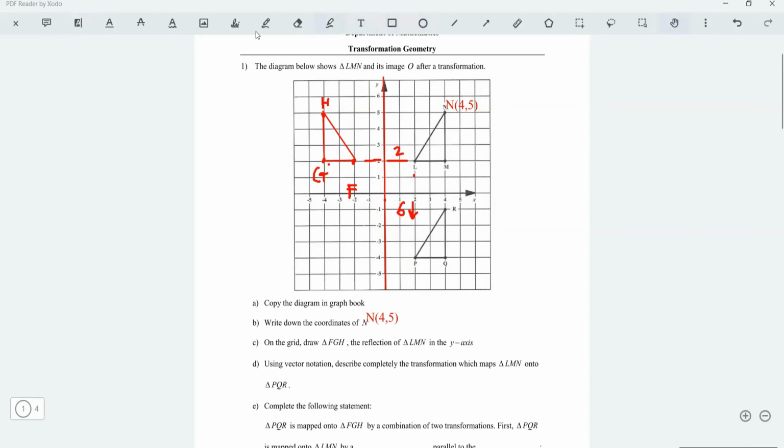So this is how you'd write the translation vector. T would be equal to (0, 6). Of course, you need to write out in words what that means.